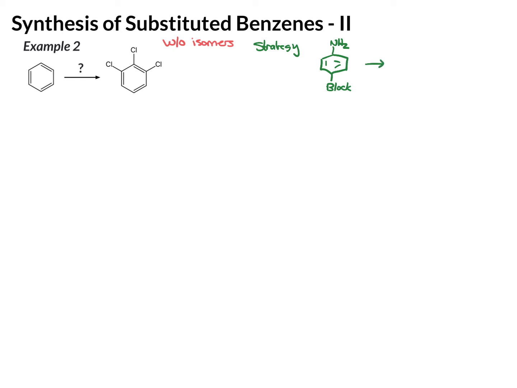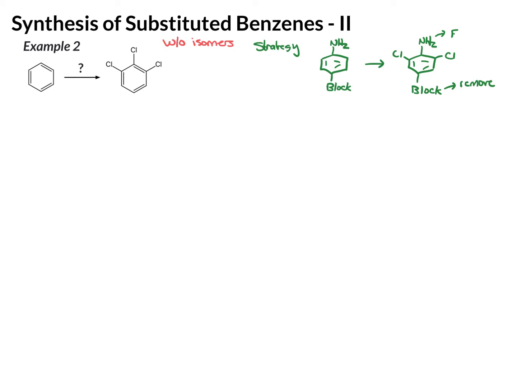Then I want to chlorinate and then convert the amino to a fluorine and remove the blocking group. So that's the basic strategy. We just need to figure out the sequence to do this.